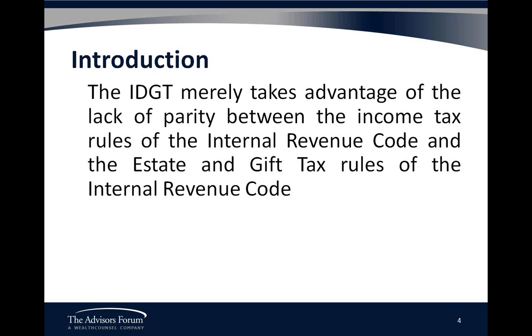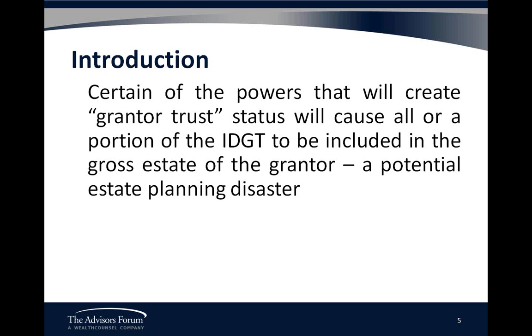The grantor trust is supposed to take advantage of the disconnect between the income tax rules of the Internal Revenue Code and the estate and gift tax rules of the Internal Revenue Code. That is kind of a historical anomaly that existed for a long time, and tax practitioners picked up on it somewhere in the 90s, even though it existed prior to then.